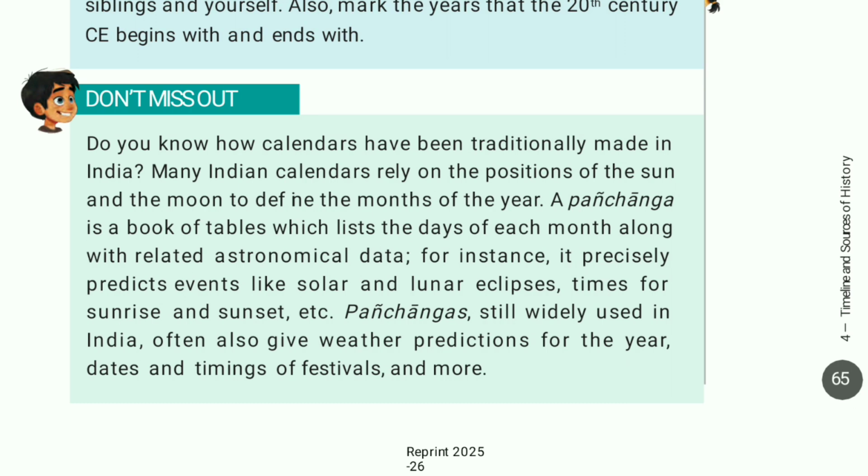For instance, it precisely predicts events like solar and lunar eclipses, times for sunrise and sunset, etc. Panchangs, still widely used in India, often also give weather predictions for the year, dates and timing of festivals, and more.